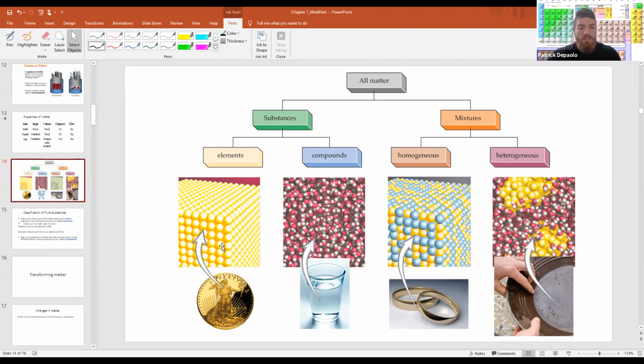So an element, such as gold. If you have a bar of gold that's 99.9%, let's just say 100% pure gold, every single one of those atoms, no matter which sample you take, is going to be gold. It's going to be a gold atom stacked to a gold atom, gold atom, gold atom. That is an elemental form of a substance.